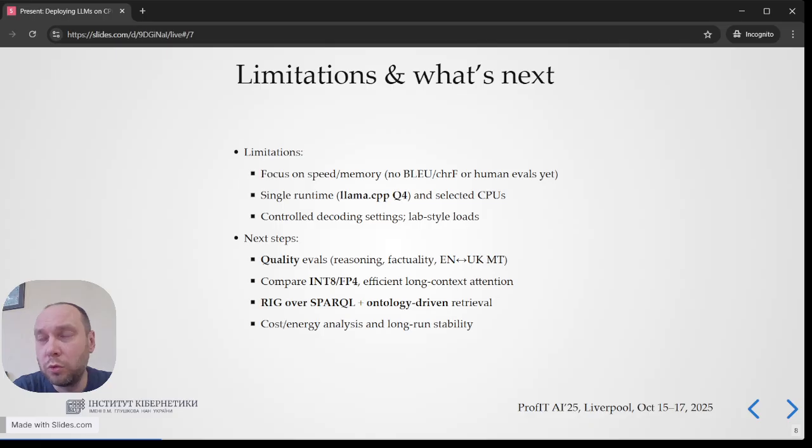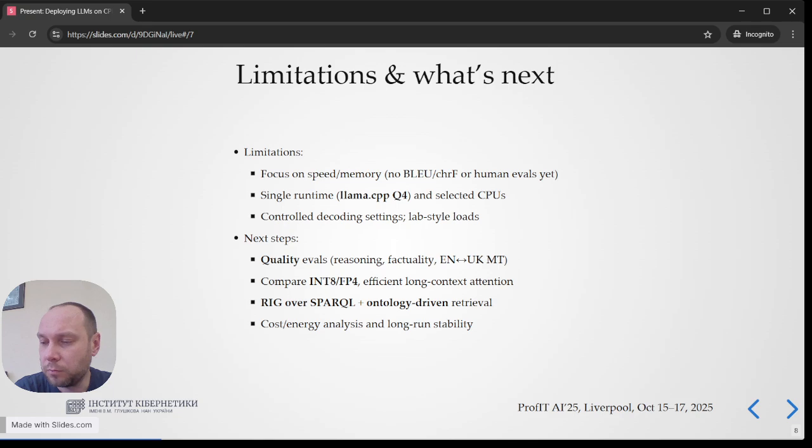So I want to share with you some words about the next generation of our chatbot. We will use a knowledge base on the Apache Jena Fuseki triple storage.